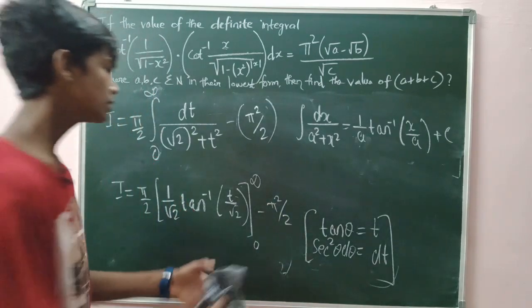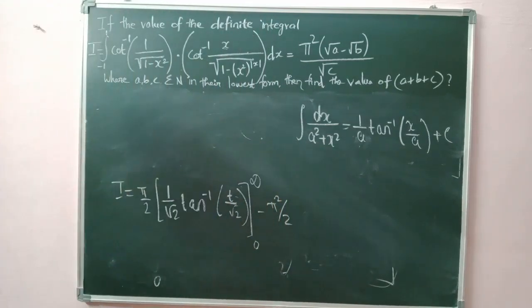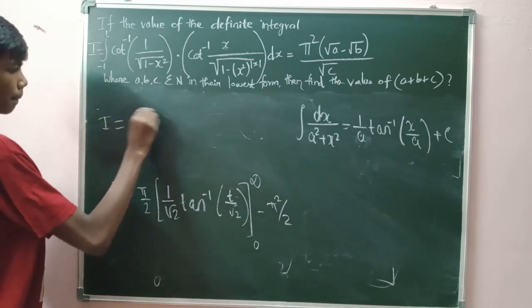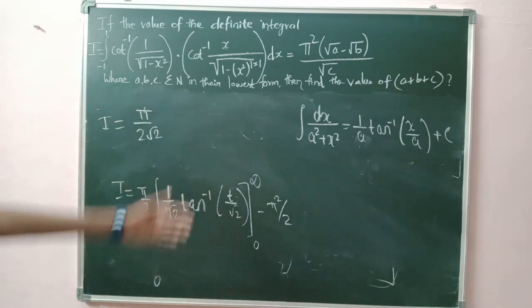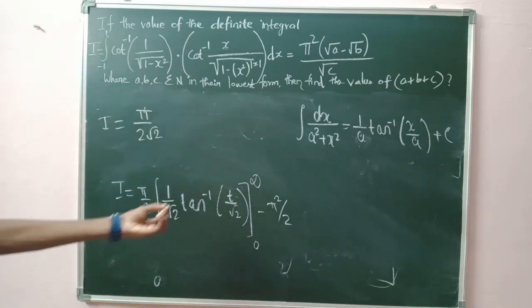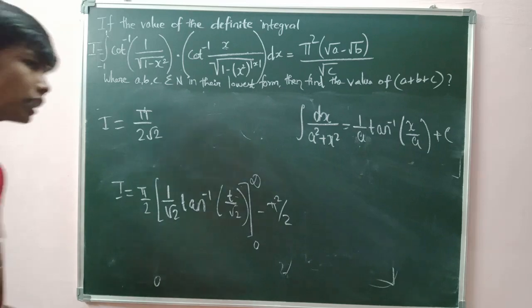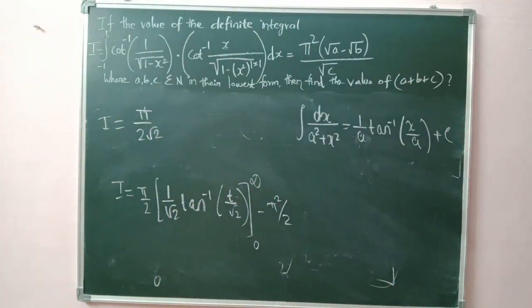So now I'll wrap this, guys. Now it's very easy peasy lemon squeezy, right? So let us say I is equal to pi by 2 root 2 times tan inverse of t by root 2. So tan inverse of infinity will be what? You guys think it's infinity?